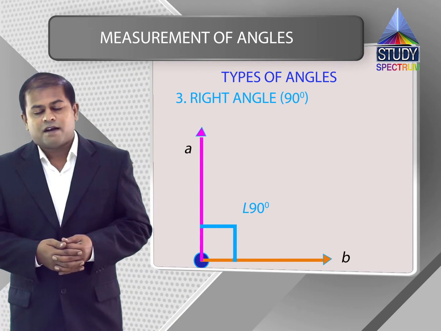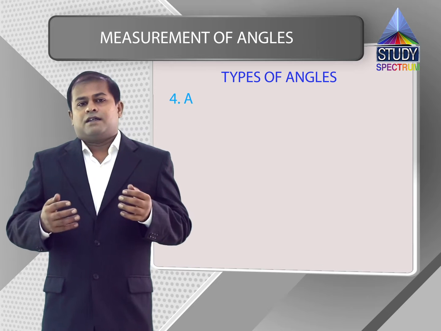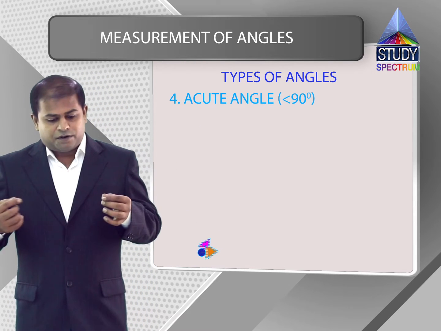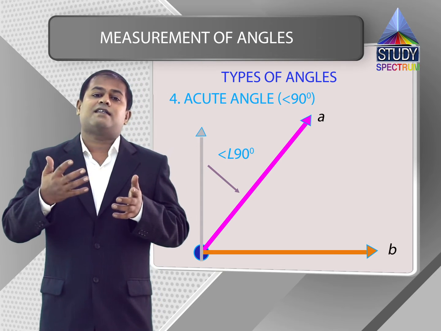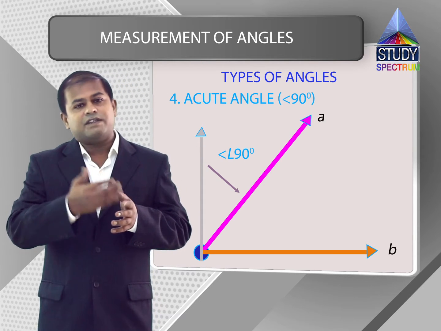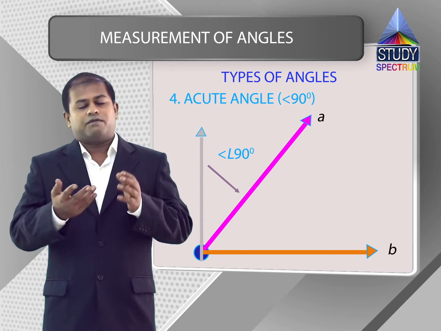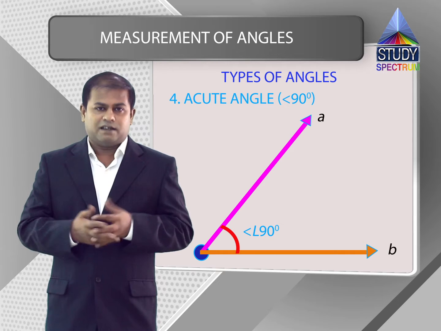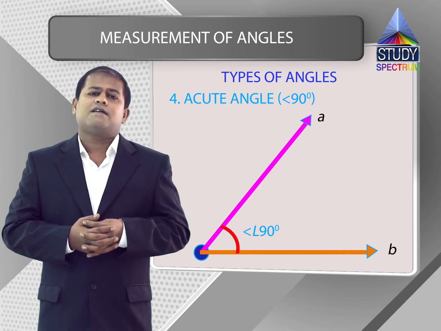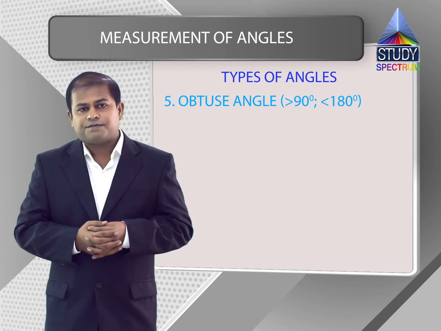Then acute angle. If rotation given to one of the arms is lesser than that in right angle, then the angle is acute angle. Or if the measure of an angle is lesser than 90 degree, then it is known as acute angle.